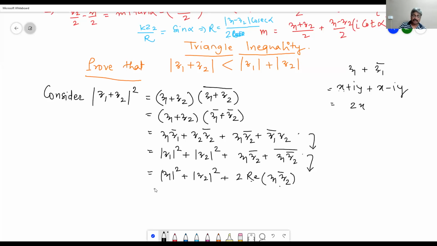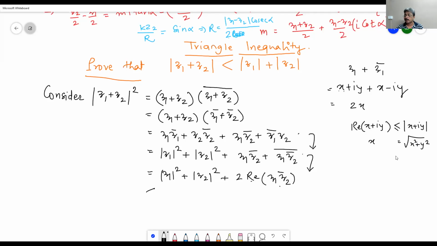Now, first time I introduce inequality here because real part of x plus iy is going to be definitely less than or equal to what? Absolute value of x plus iy. What is absolute value of x plus iy? Radical x square plus y square. And what is real part of x plus iy?